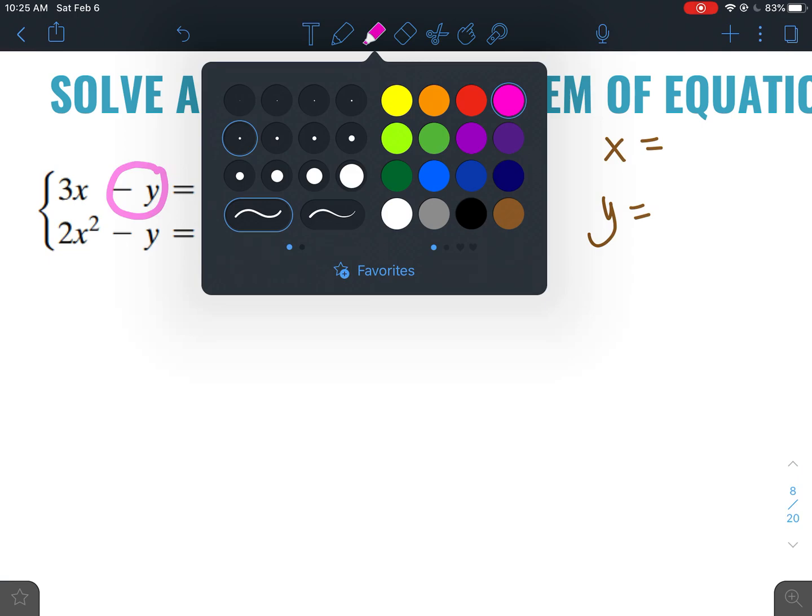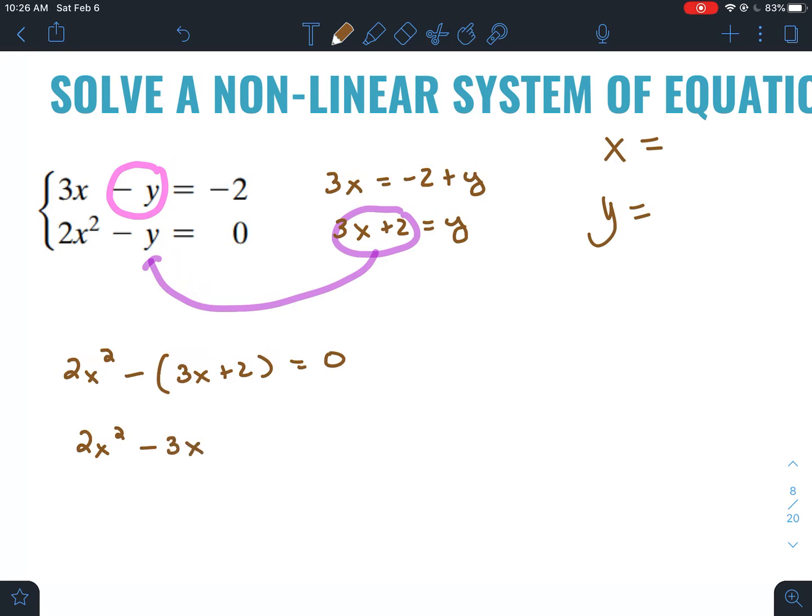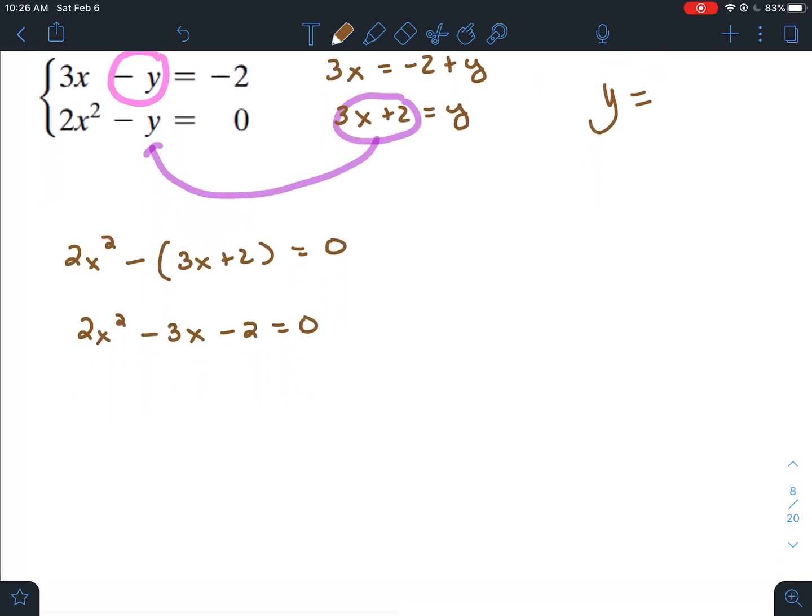And now I can substitute that value, 3x plus 2 equals y, into my second equation. So my second equation is going to become 2x squared minus (3x plus 2) is equal to 0. Now I have one equation in one variable. So distribute the negative. So 2x squared minus 3x minus 2 equals 0. And now I'm going to factor by grouping.